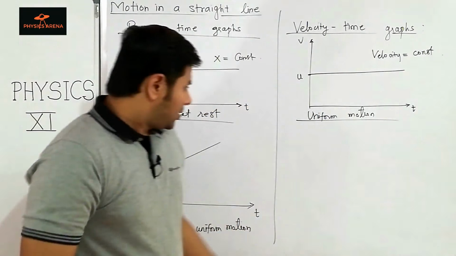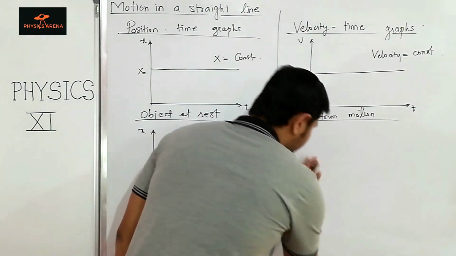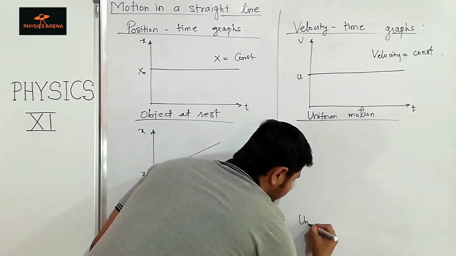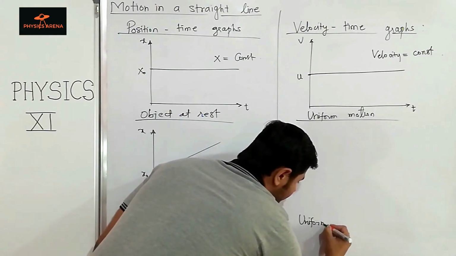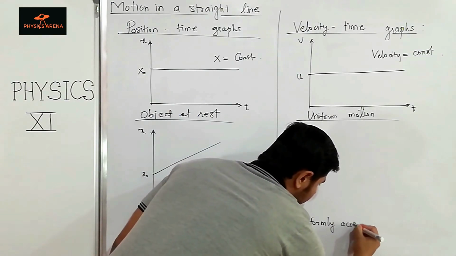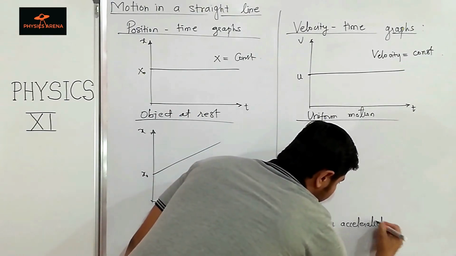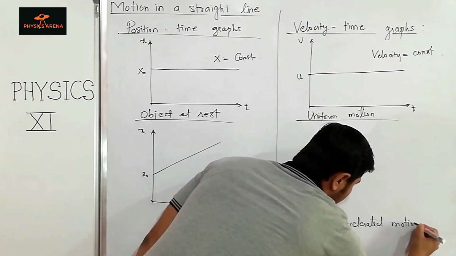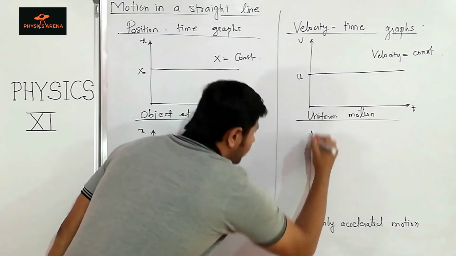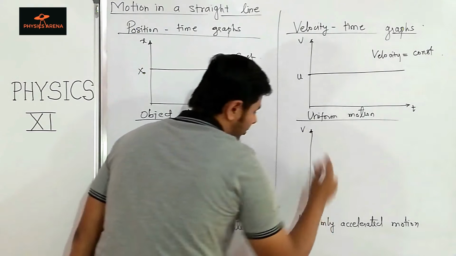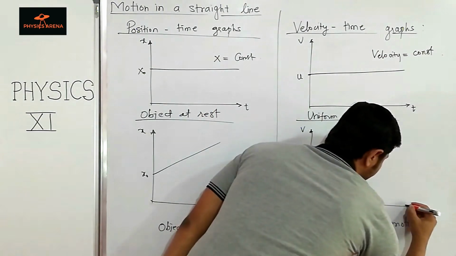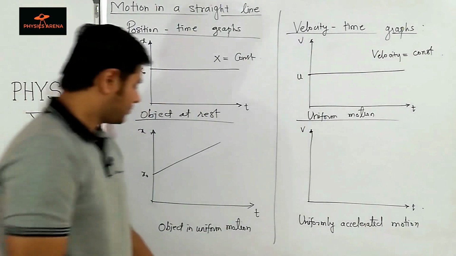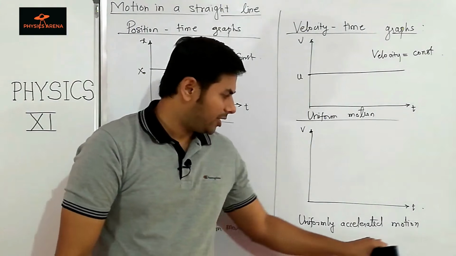Okay, so the next graph we'll plot is for the case of uniformly accelerated motion. And again, we'll use analogy. So the velocity versus time graph for uniformly accelerated motion.